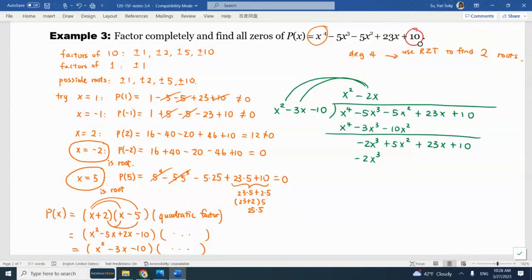So negative 2x times negative 3x is, 2 times 3, 6. And negative negative cancel, right? So 6x squared. Okay. Minus 2x times minus 10, plus 20x. Yes. So we multiply.